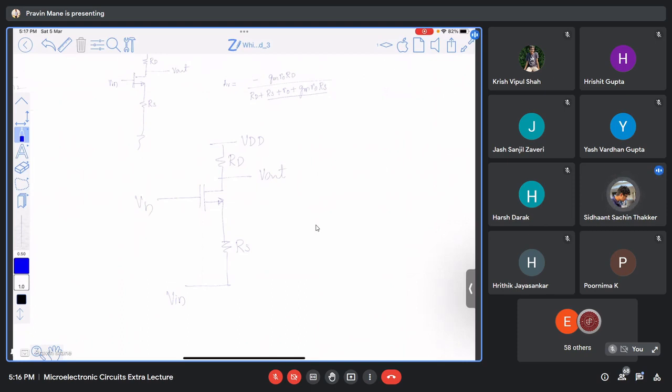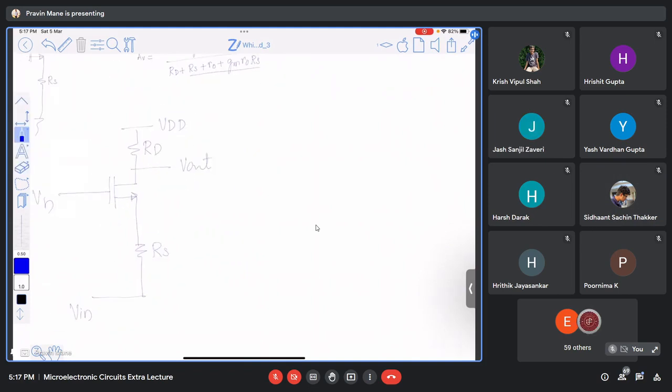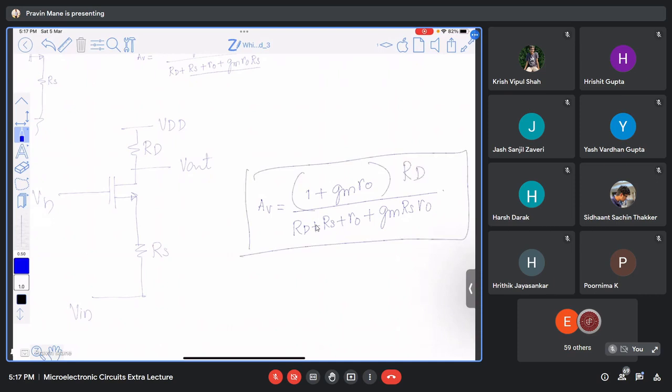Without r_o. The resistance connected at the output is R_D. The resistance seen through the source terminal is R_S plus 1 by g_m, right? Now with r_o, the gain formula is (1 plus g_m r_o) divided by (R_D plus R_S plus r_o plus g_m R_S r_o), whole multiplied by R_D.